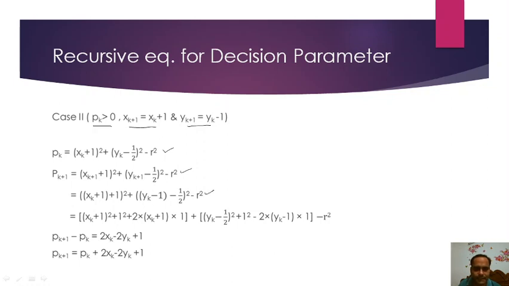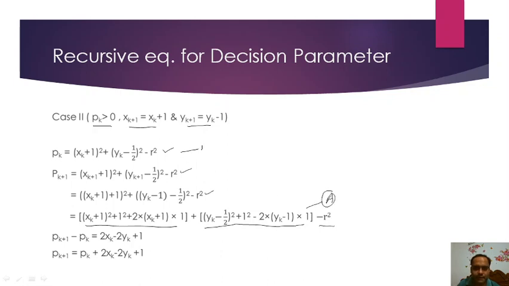In this equation we get this, and after simplification, after solving the (a + b)² etc., you get this plus this minus this.